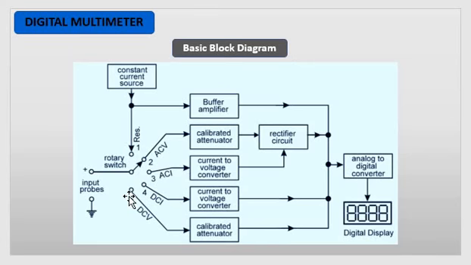Here this indicates the knob position. So whatever parameter you are going to measure, accordingly that block will come into the circuit. In case of AC, we have to rectify that signal, and that signal is provided here so that the digital display can be observed here. So this is the basic block diagram of the digital multimeter. We will not go too much into this because that is not the scope of this video.